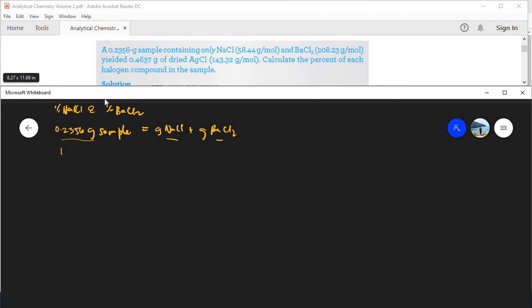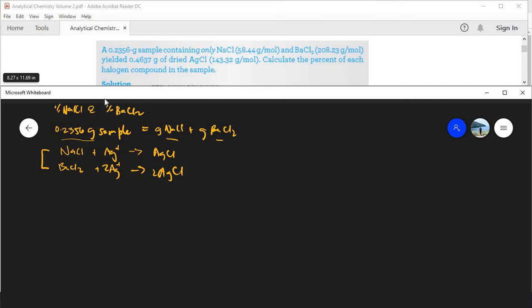The NaCl reacted with silver ion to form silver chloride, and the barium chloride reacted with 2 silver ion to form silver chloride. This must be the reaction to form silver chloride, even though it wasn't stated.